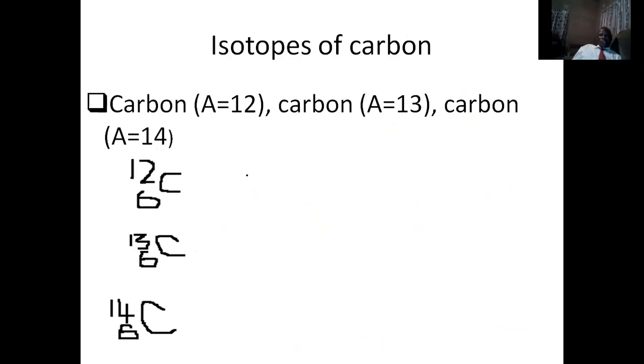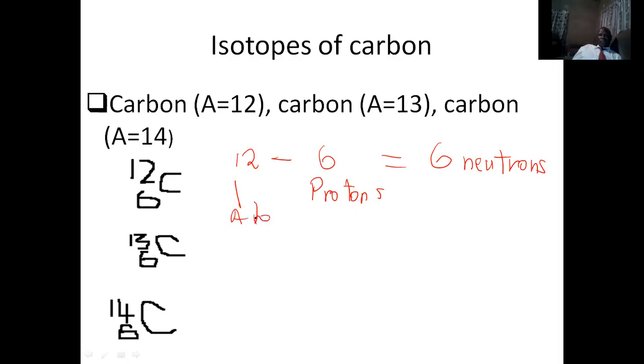And so here, if you are to find the number of neutrons, that would be 6 neutrons. And these are the protons, and this is the atomic mass.